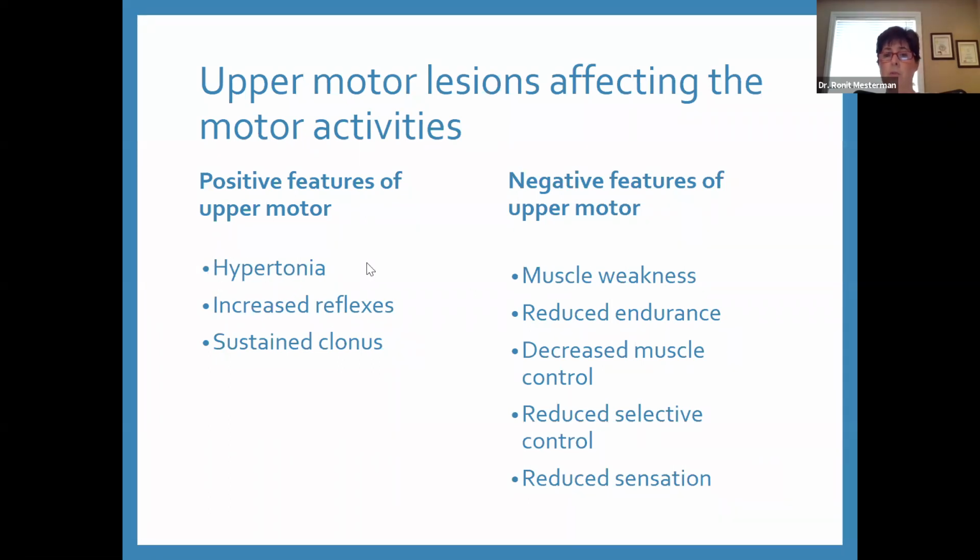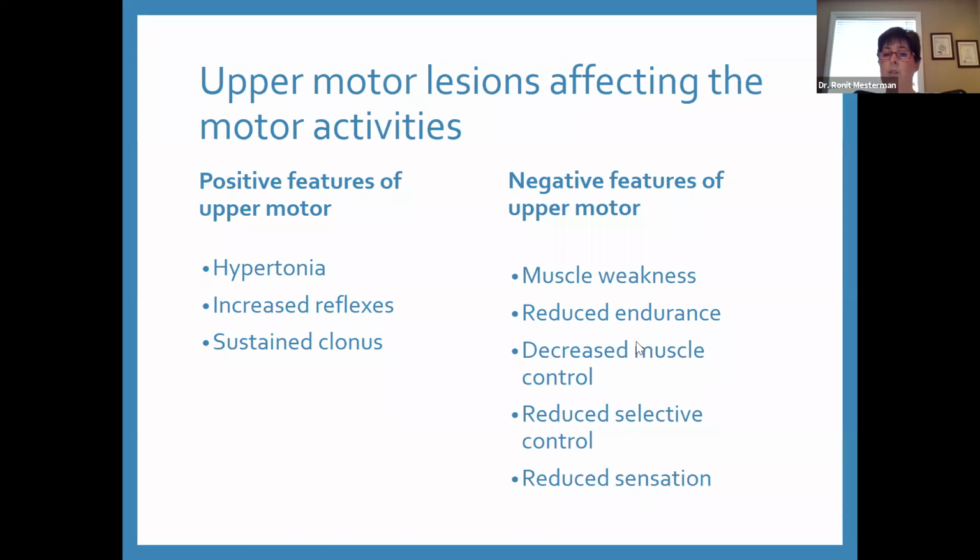But it's really important to recognize that in the patient with CP, or generally speaking with upper motor neuron lesions, there is a list of negative features that are very important in the consideration, and together with the positive features they will affect the function and the abilities. On this list is muscle strength. Often enough there is an underlying weakness, then endurance, the ability to control the muscles, the selective control, and the sensation.